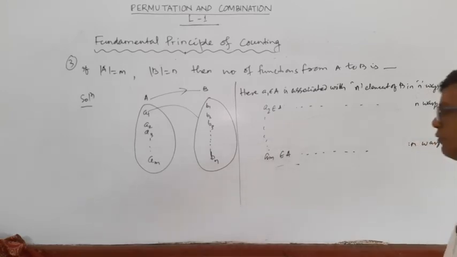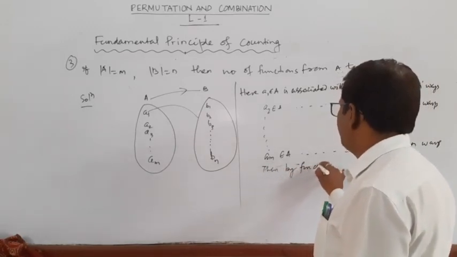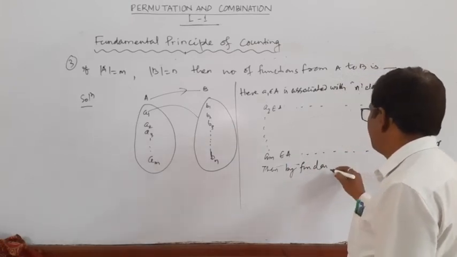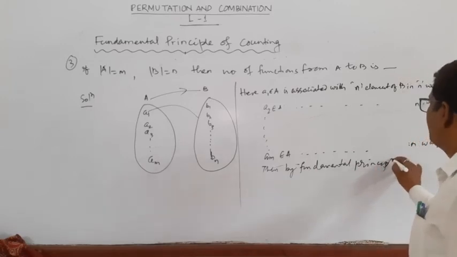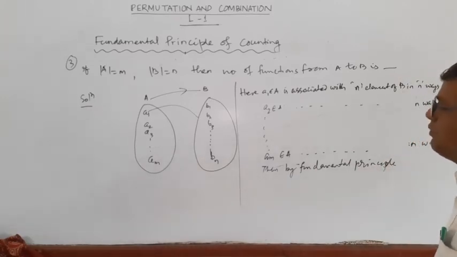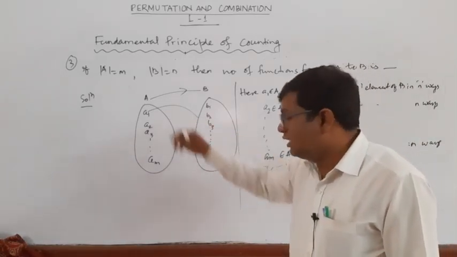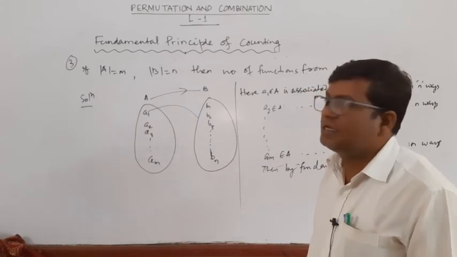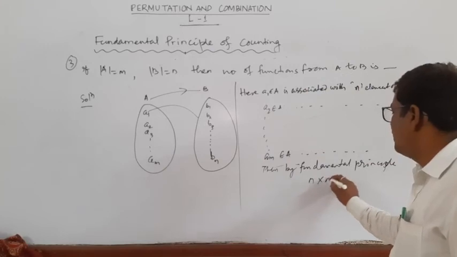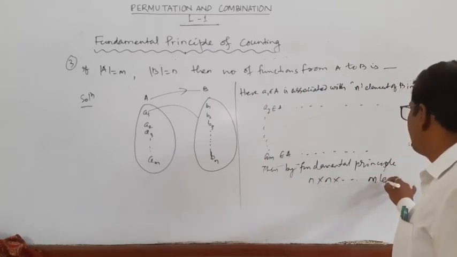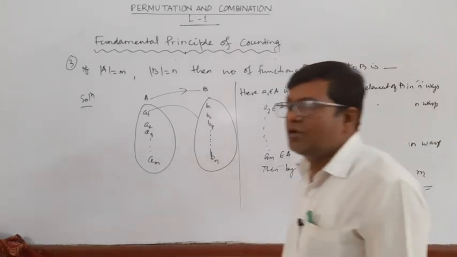Then by the fundamental principle, the product rule is applied, because if we leave any element of set A, it is not a function. So this is n into n up to m terms, so n to the power m is the number of functions from A to B.